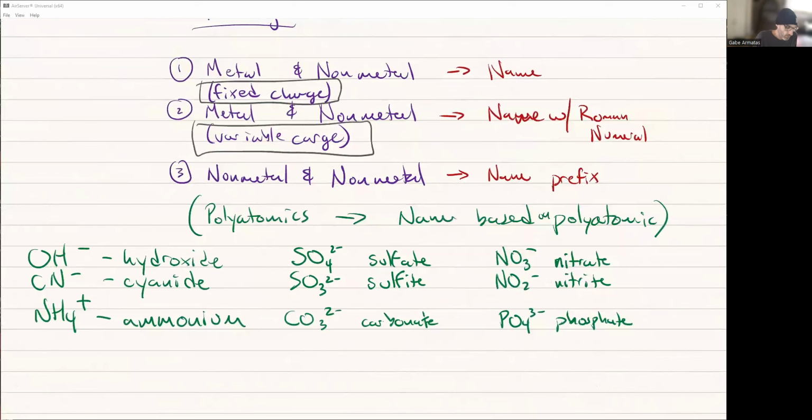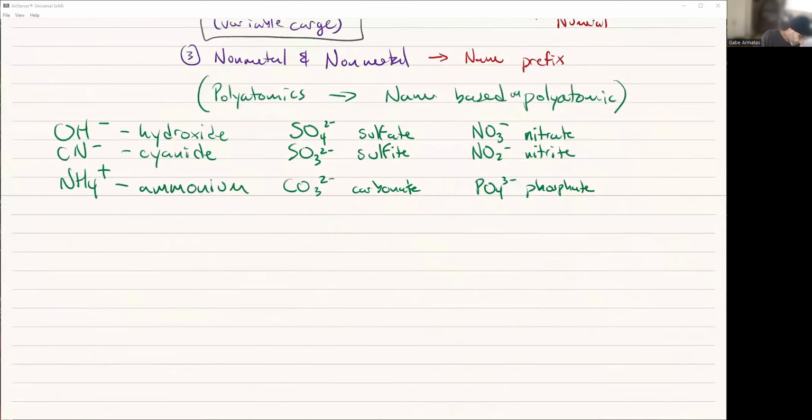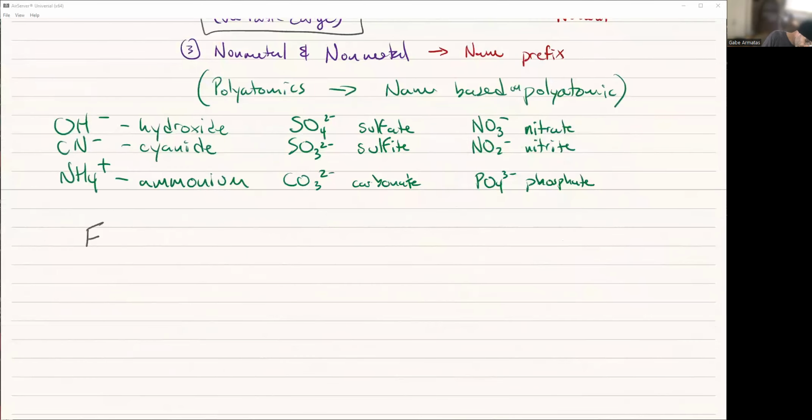The best example I can give you is if we were to name FeO and Fe2O3. Before we even get into this idea of variable or fixed charge, let's just talk about naming.